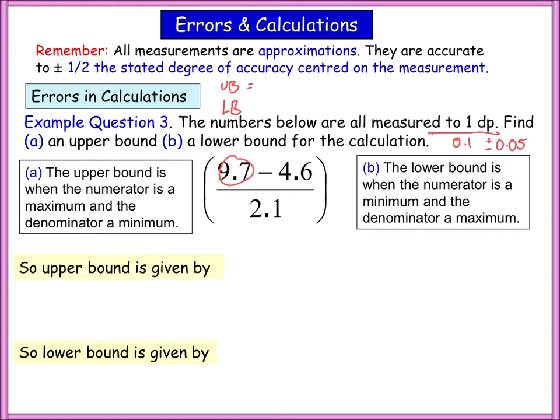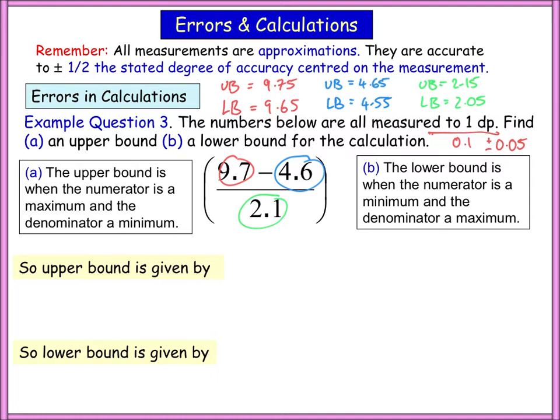That means the upper bound for 9.7 is 9.75 and the lower bound is 9.65. For 4.6, the upper bound is 4.65 and the lower bound is 4.55. And for 2.1 then, the upper bound is 2.15 and the lower bound is 2.05.